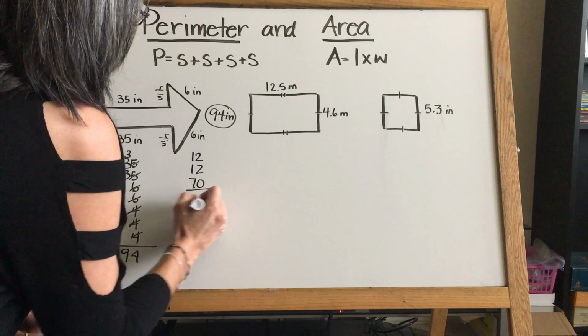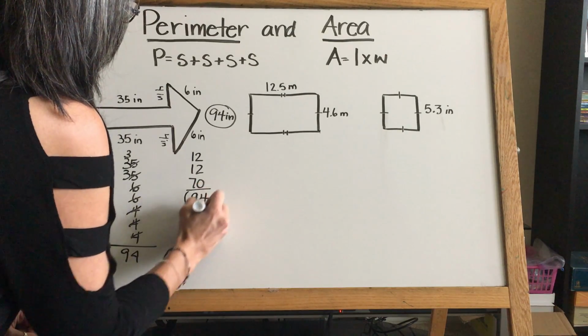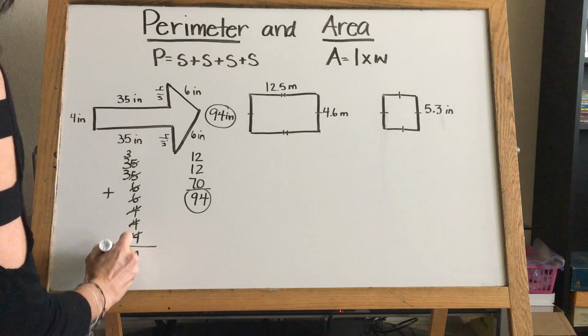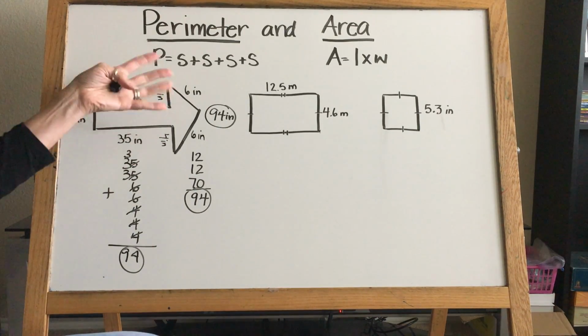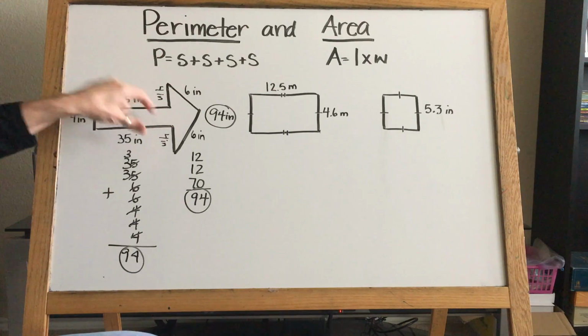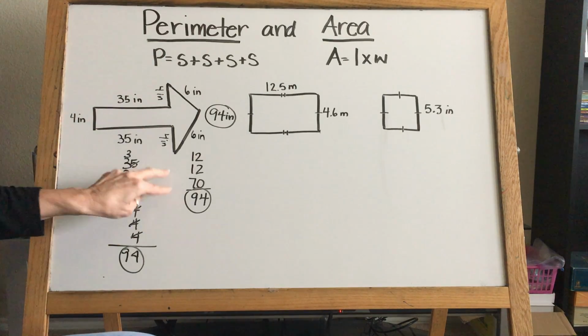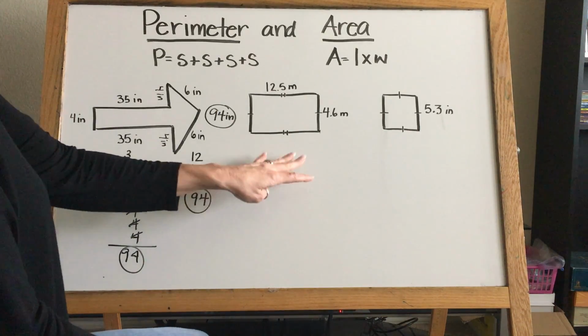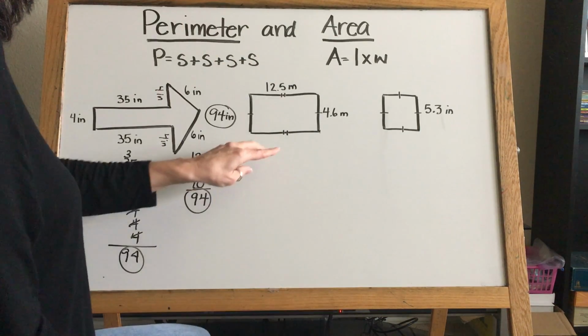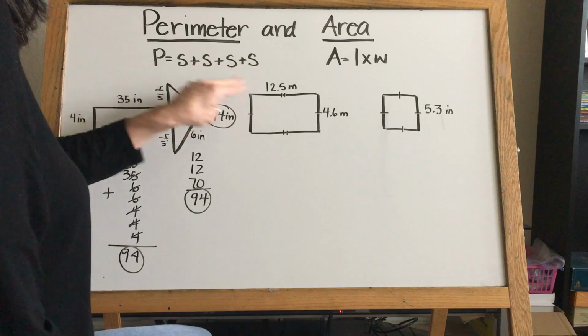So we could have added 70 plus 12 plus 12 like this as well and gotten the same answer. You always want to look for different ways that make math faster for things that you already know. You know your doubles, you know your multiplication facts, so that makes it a little bit easier to get to 94.